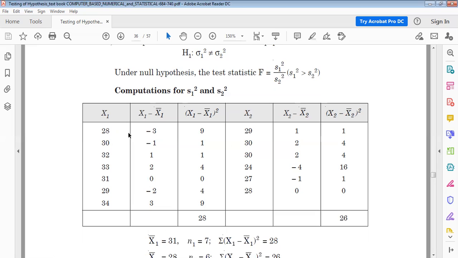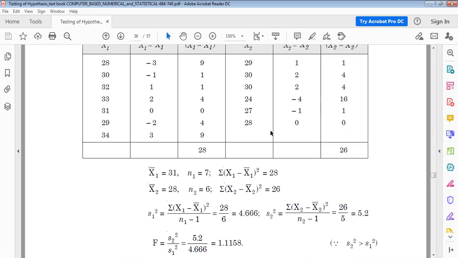So 30 minus 31, 32 minus 31, and so on, give X1 minus X1 bar. Now taking the square and the sum. Similarly for X2, the difference X2 minus X2 bar for every value, then squares, and the sum is 26.